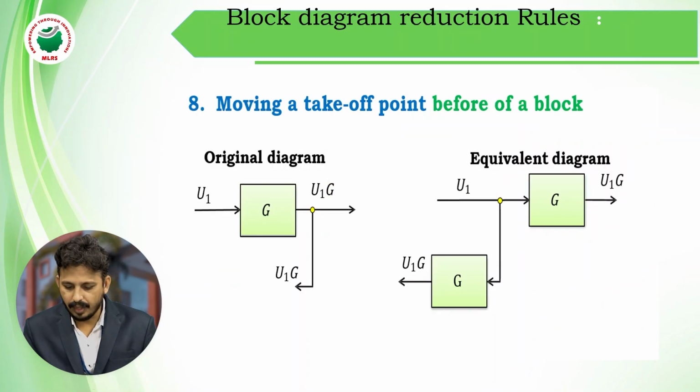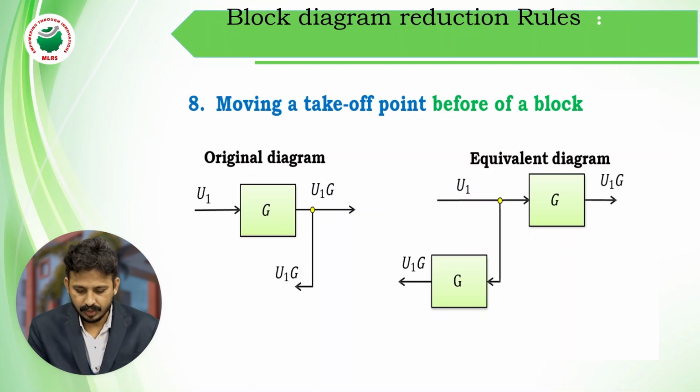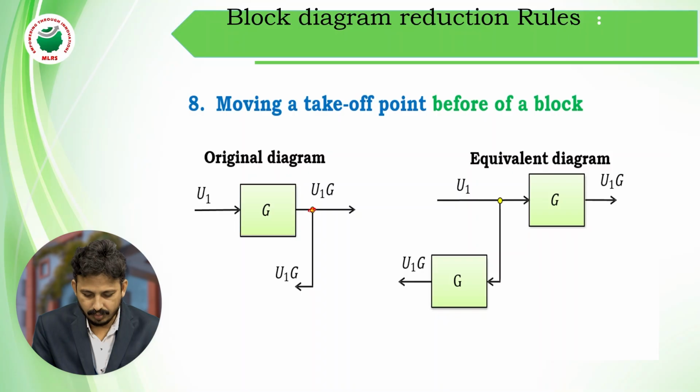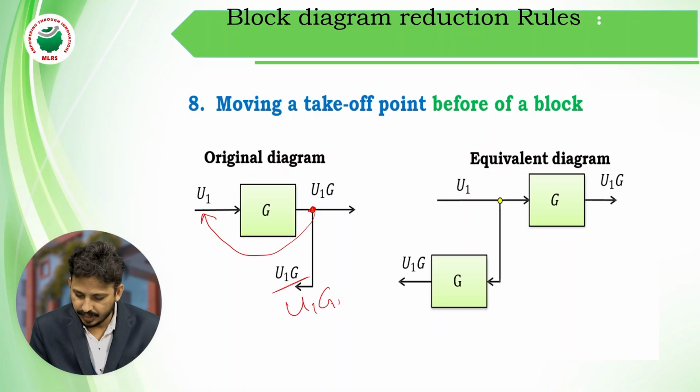Next technique, or next rule, is moving a takeoff point before the block. So now this takeoff point I have to move before the block. Here the takeoff point magnitude or transfer function is U1 into G. Even if I shift it to the left, before the block, it should not be changed.